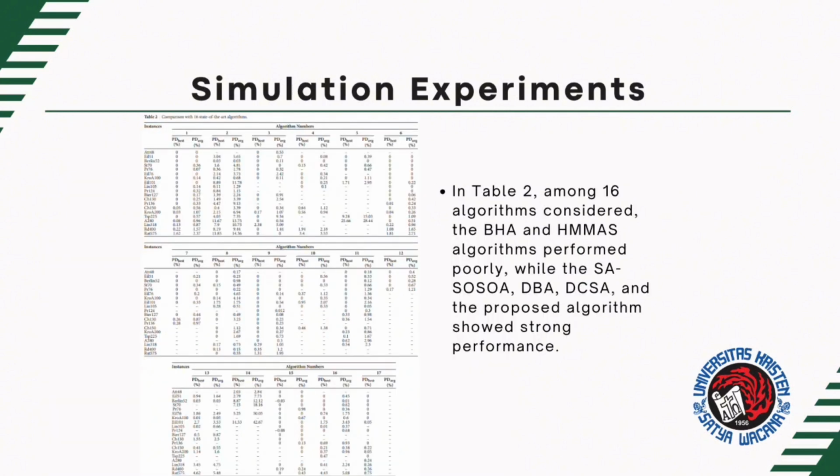In Table 2, among 16 algorithms considered, the BAA and HMMAS algorithms performed poorly, while the SA, SOSOA, DBA, DCSA, and the proposed algorithm showed strong performance.